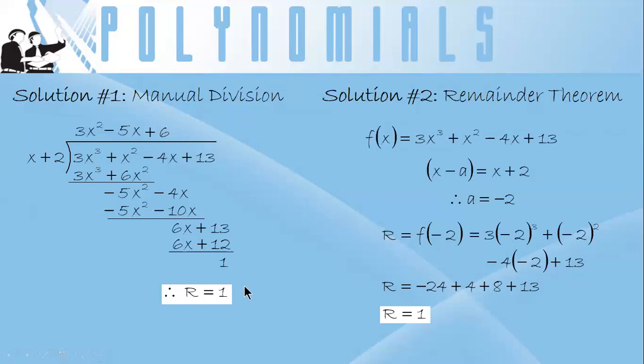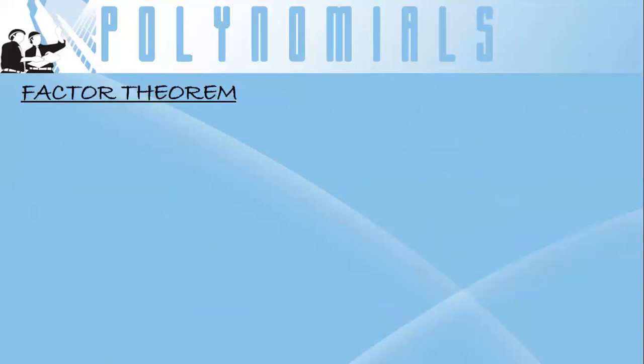But if you use the remainder theorem, it's easy. You just substitute. That's one advantage. Okay? The other one is the factor theorem. It's a special case of the remainder theorem.